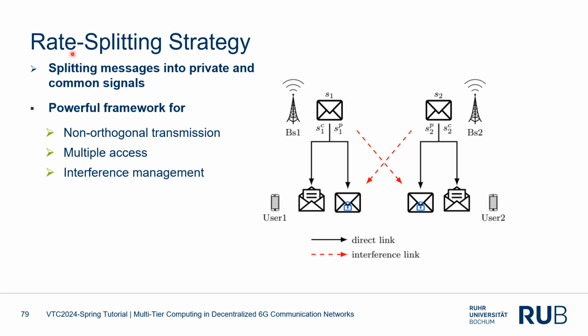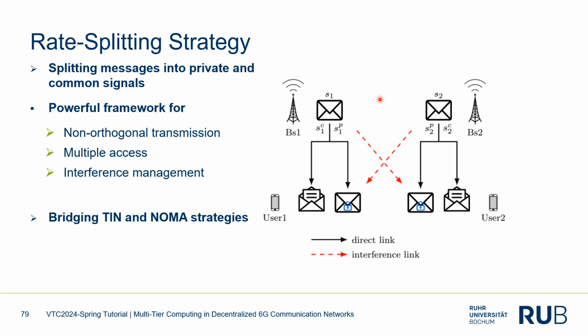Now, rate splitting is a powerful framework for non-orthogonal transmission, for multiple access, and for interference management. And interestingly, this bridges two strategies. One is treating interference as noise, which we have discussed on the previous slide, where we completely ignore the interference and treat it as noise.